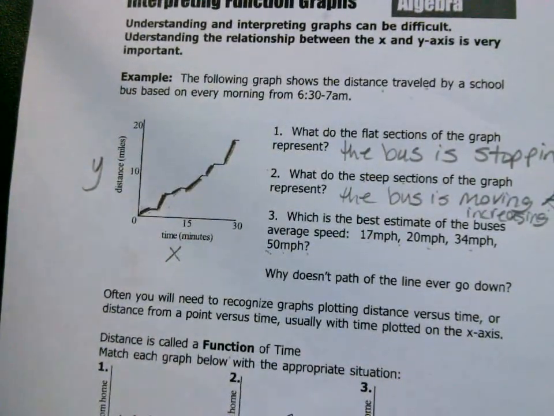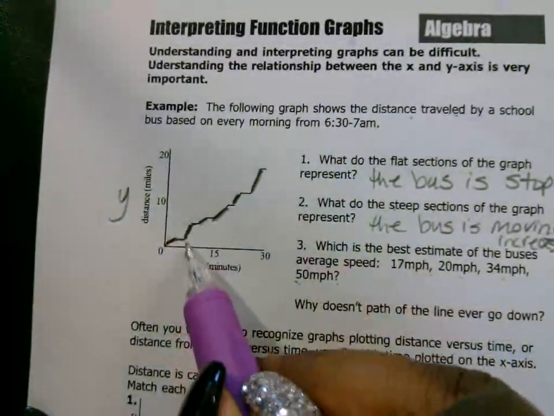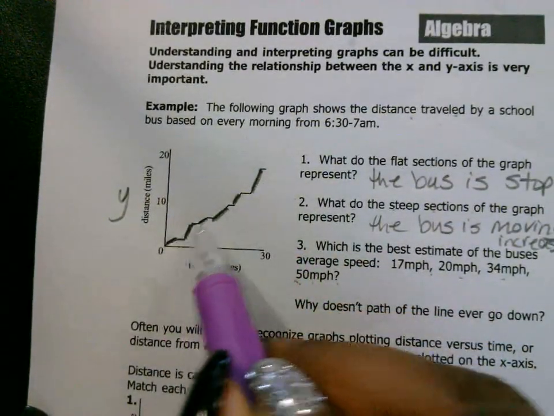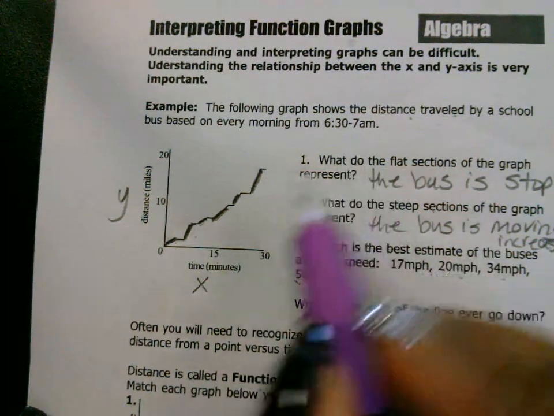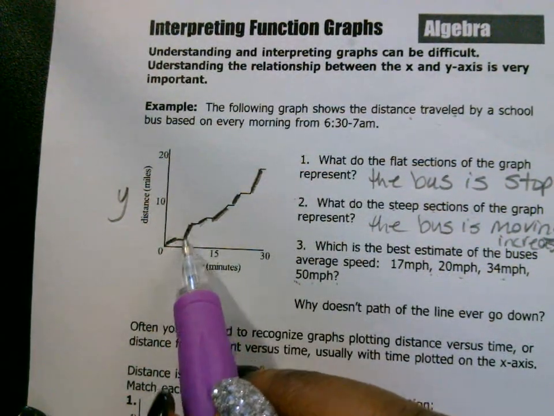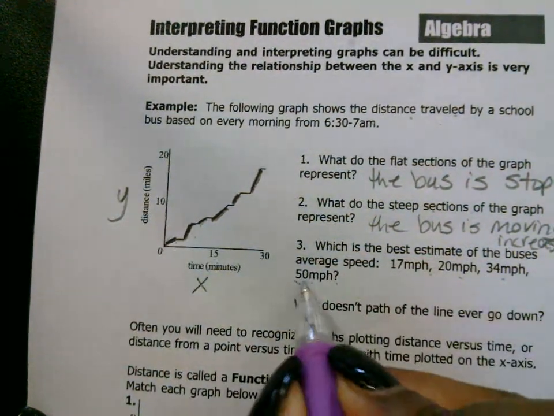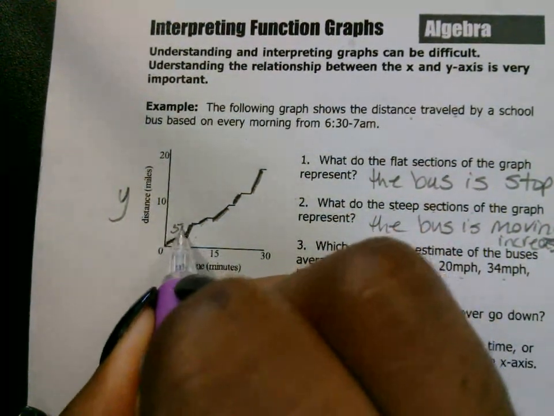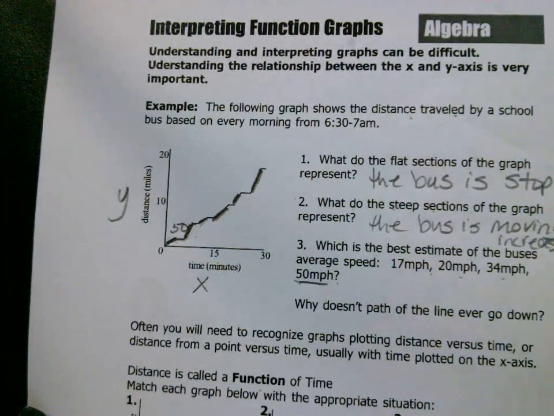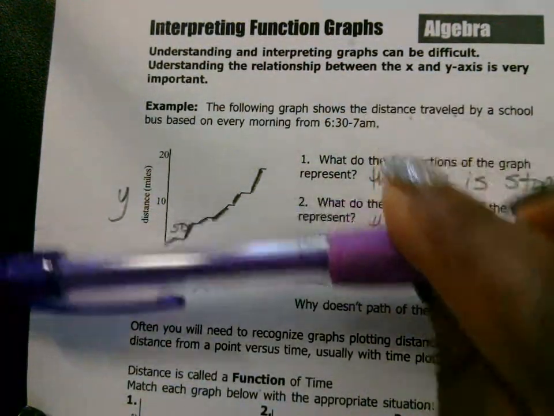It's going to be going the fastest. So which one of these has the steepest slope? Right here. This one is going the fastest. So this one will give the fastest speed of 50. Which one is going the slowest, where it's not as steep?